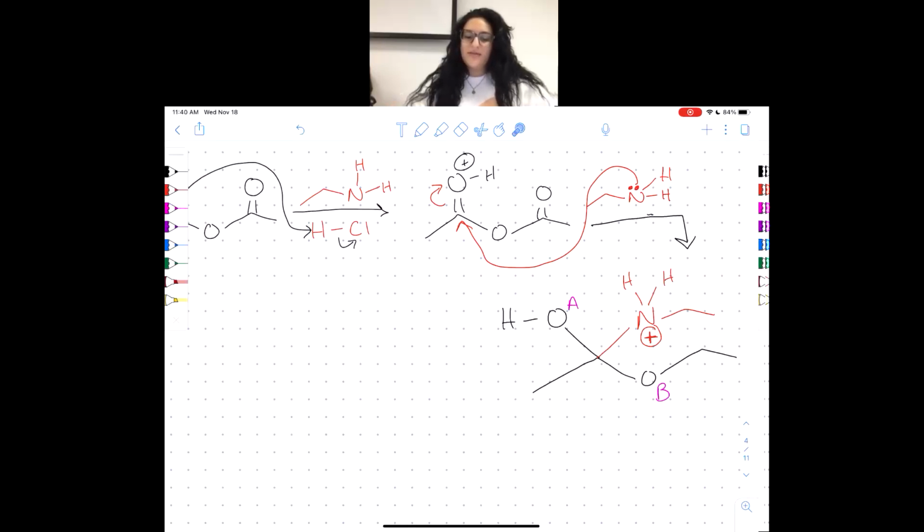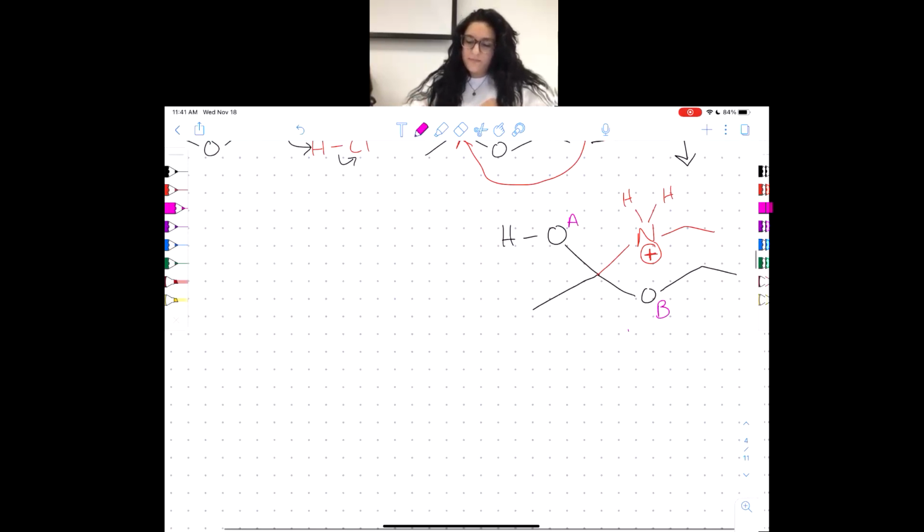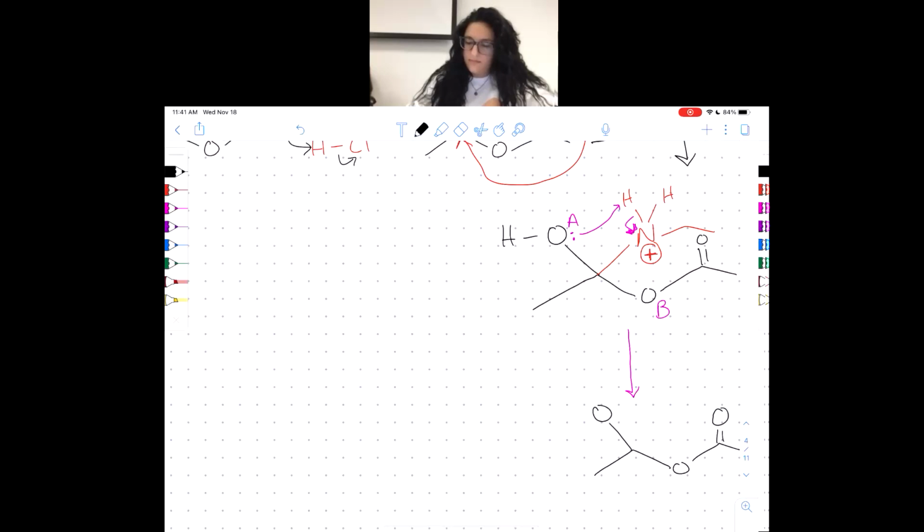Okay, so one person says oxygen A will take it because that gives us an amide. And it seems like a couple people agree because a couple people also said A. So if oxygen A steals the hydrogen, gives those electrons back, now we get this bad boy, right? And we also can't forget about our nitrogen, which is now neutral.